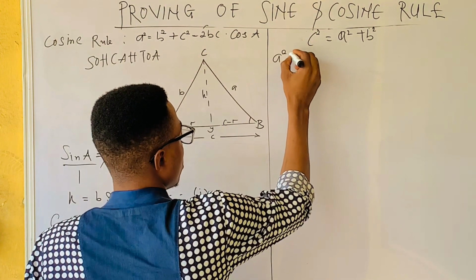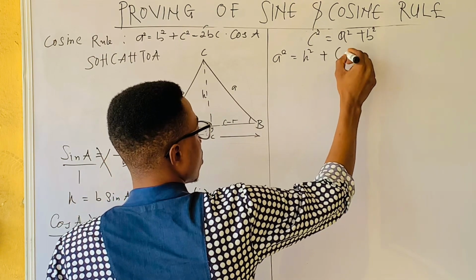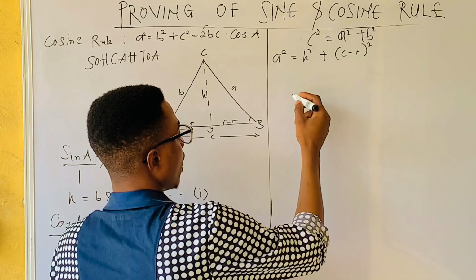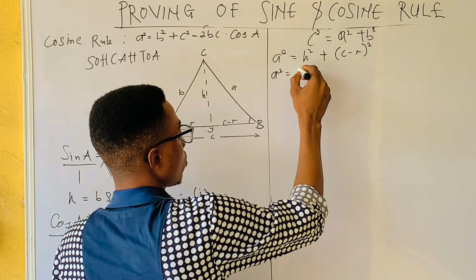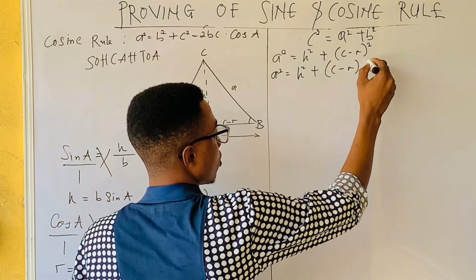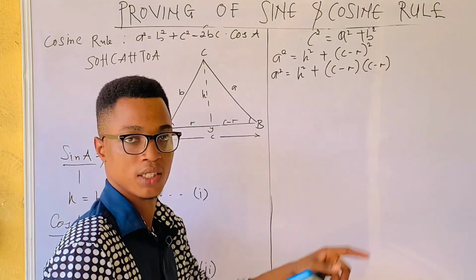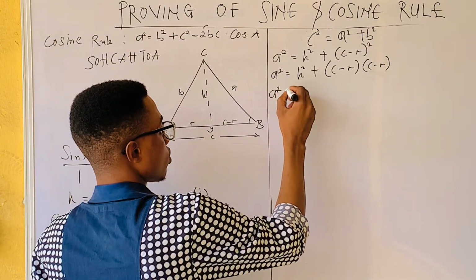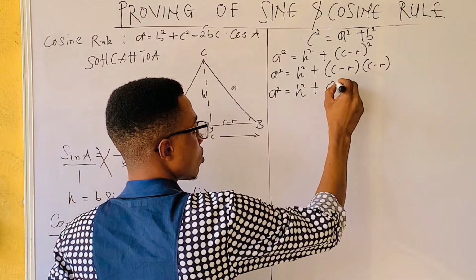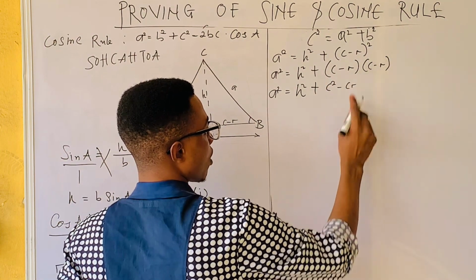We have a squared is equal to h squared plus c minus r, all squared. So we have a squared equals h squared plus c minus r, c minus r, of course, is in squared. c multiplied by c will give us c squared. c multiplied by minus r will give us minus cr.